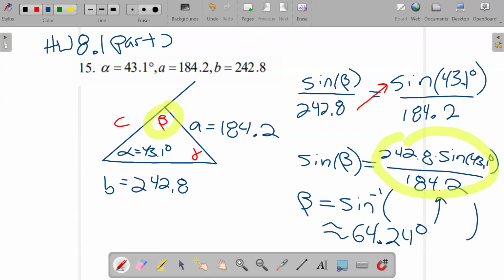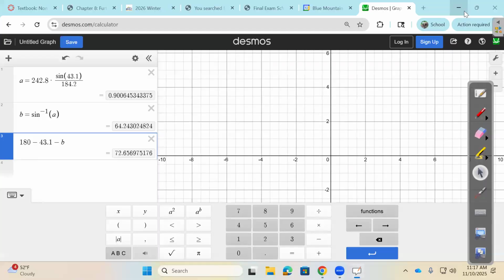And anytime you use your calculator, you should write on paper what you did. So I'm going to say gamma equals 180 minus 43.1 minus what I calculated for beta, and that is approximately 72.66-ish.